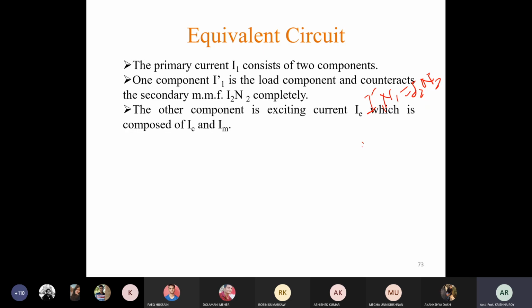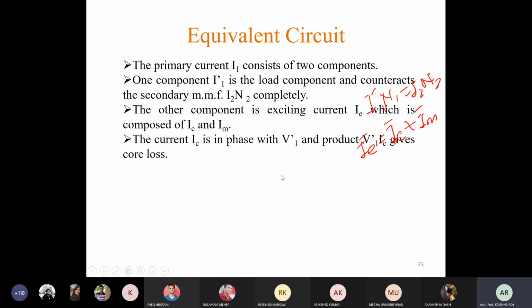Another component is IE, which has two components: one is IC, another is IM. IC is the core loss component, which is in phase with V1 dash, and the product V1 dash IC gives the core loss. V1 dash IC is equal to PC, which can also be represented as PC equals I1 dash square into RC.